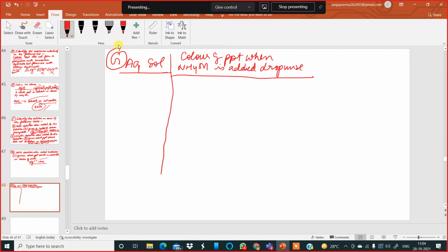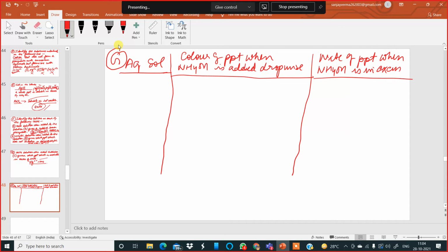Third column is nature of precipitate when ammonium hydroxide is in excess, when you have plenty of ammonium hydroxide. So copy this table, this is your classwork. Just now you have to do it.